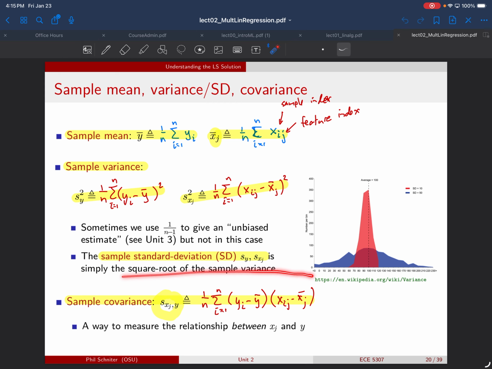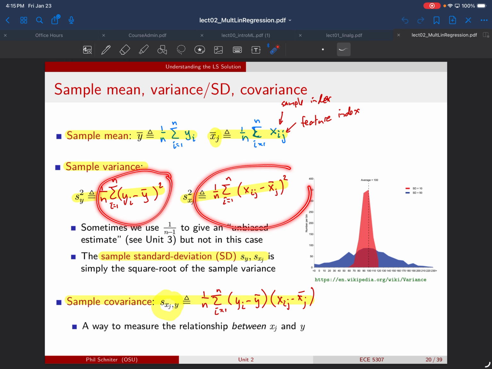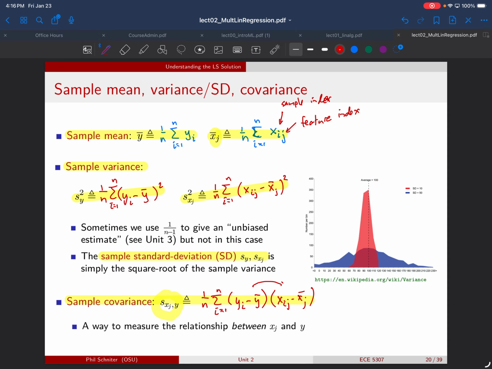That brings us to the sample covariance, which has a very similar structure, except that rather than using y twice or x twice, you use y once and x once. That is the sample covariance, and it is denoted s sub xjy. By the way, we could swap the order of these two.